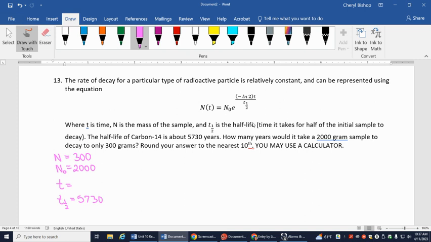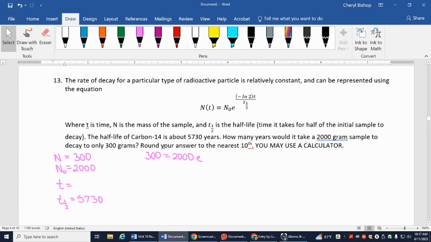Now this is ugly, and so we have to be real careful with it, okay? N of T is going to be my N, so that's 300. Equals N sub 0 is 2,000. E to the, I should move all of this down. Hold on, let me see if it'll let me select. I want to select all of you.